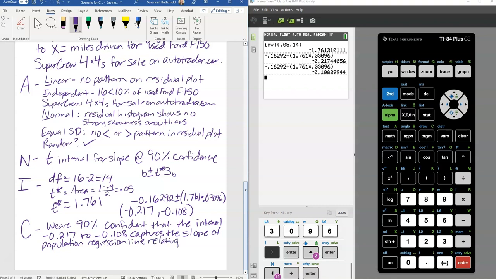relating, and we're going to repeat our entire parameter statement basically. Y equals price to X equals miles driven for used Ford F-150 Super Crew 4x4s that are for sale on autotrader.com, and boom, we're done.